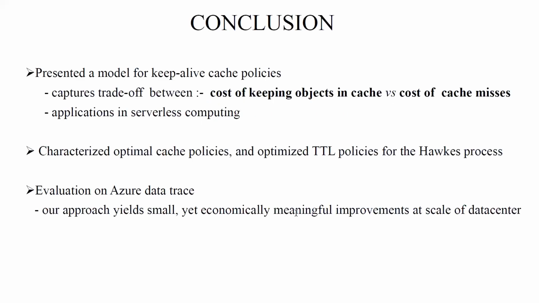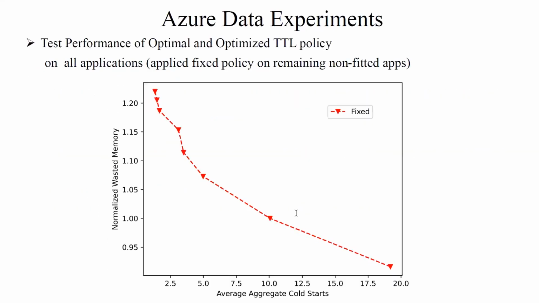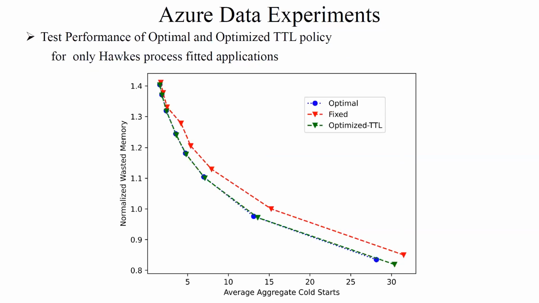So the total cost can actually be derived as a function of wasted memory. For the Hawkes process, if it's a warm start, the cost is CP times the inter-arrival length. The inter-arrival length is basically the wasted memory during the warm start.